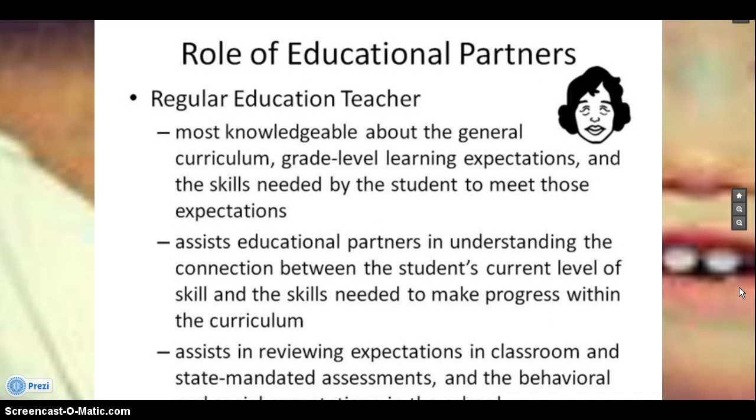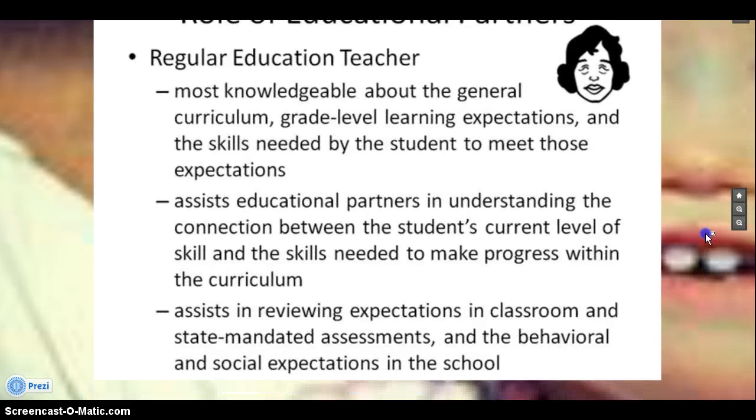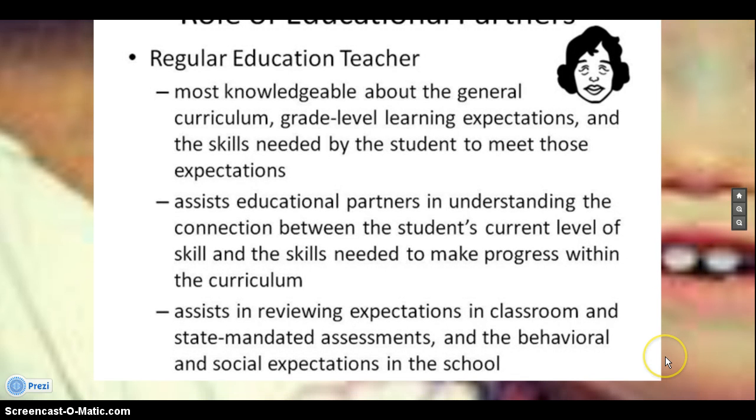The regular ed teacher is the one who knows the curriculum. They know the grade level learning expectations. They know the skills that are necessary for a child to meet those expectations. They know how to assist educational partners to understand the connection between the child's present skills and those that are needed to make progress.